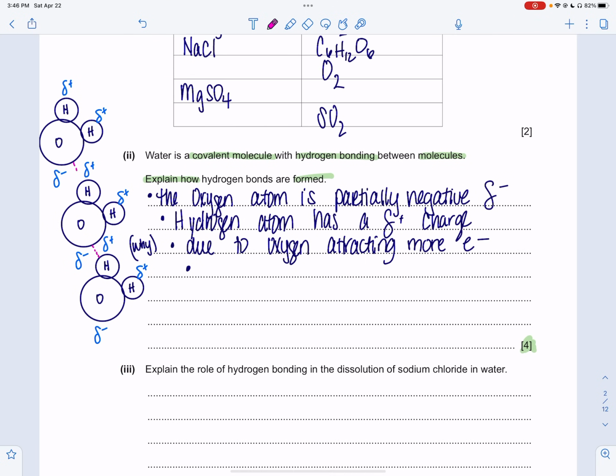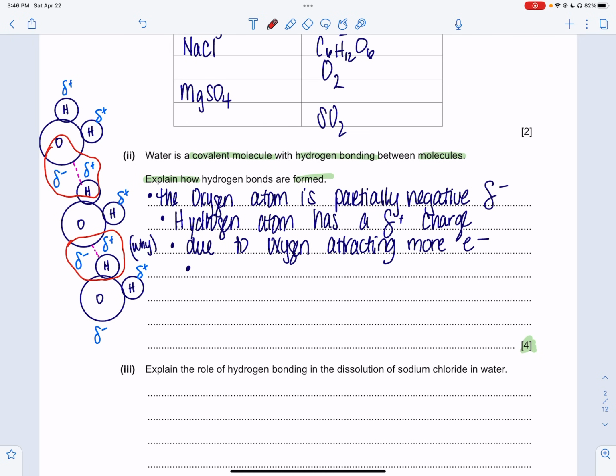Another would form right here. If you notice what's going on, the partially negative oxygen atom is attracting itself to the partially positive hydrogen atom of another water molecule. And in the middle and the bottom one, the partially negative oxygen atom is attracted to the partially positive hydrogen atom of another water molecule.